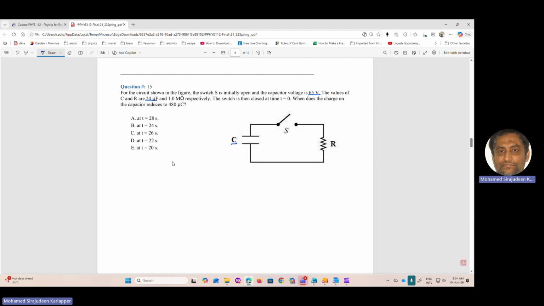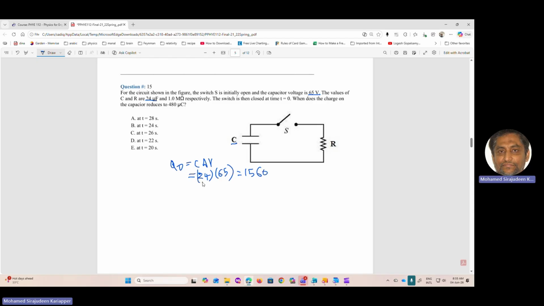So the initial charge on the capacitor will be Q0 equal to C delta V. C is 24 microfarad and delta V is 65. If we use your calculator, 24 multiplied by 65 gives 1560.